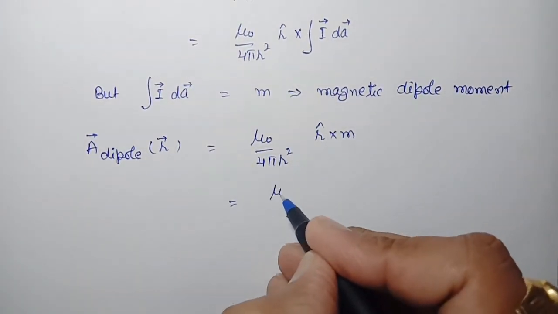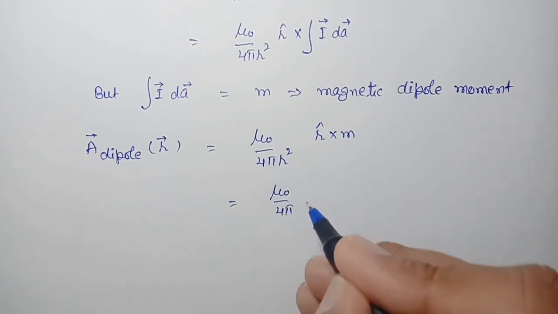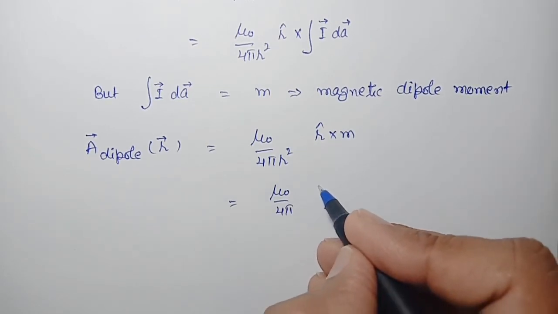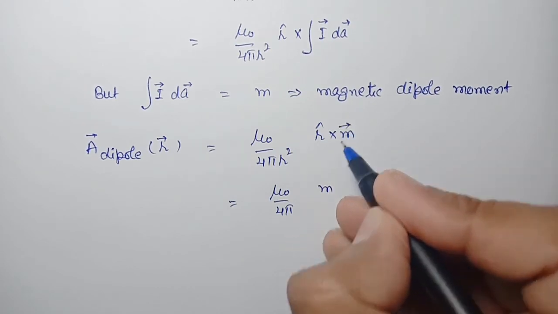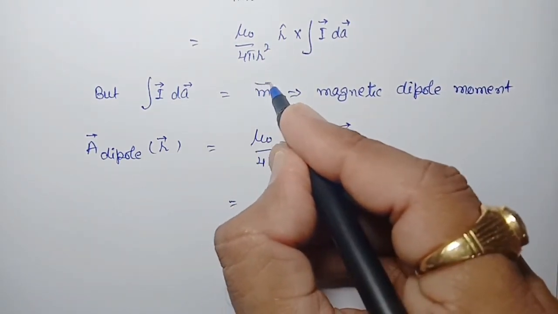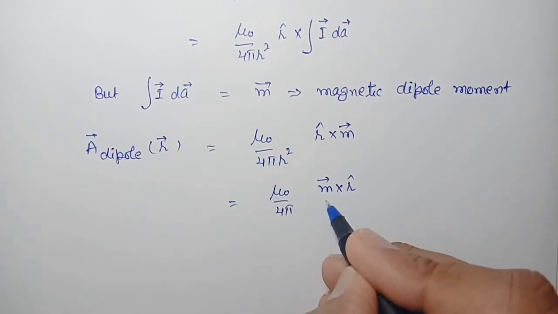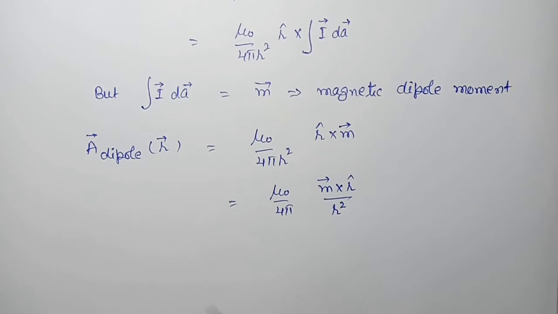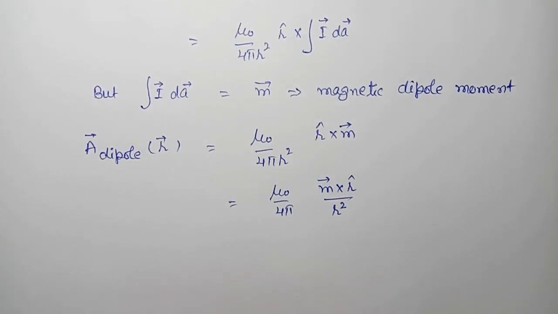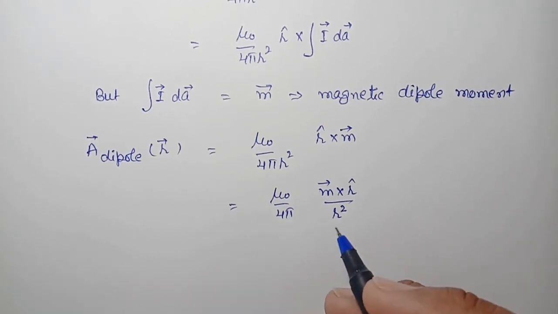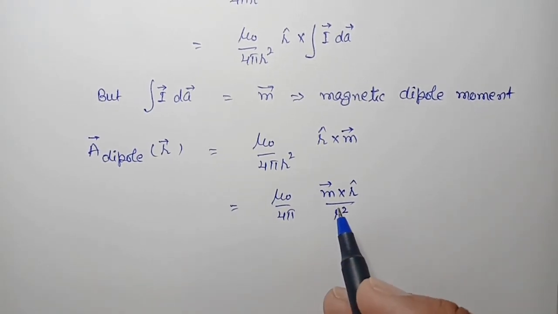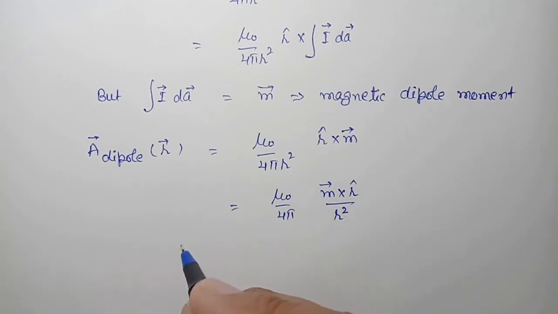Since this is a vector quantity, we can write m cross r cap over r squared. So finally the vector potential due to dipole is equal to mu naught over 4 pi, m vector cross r cap over r squared.